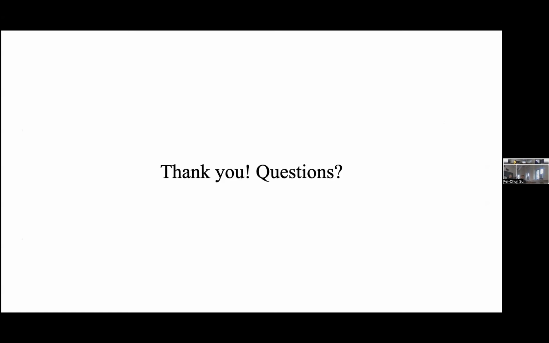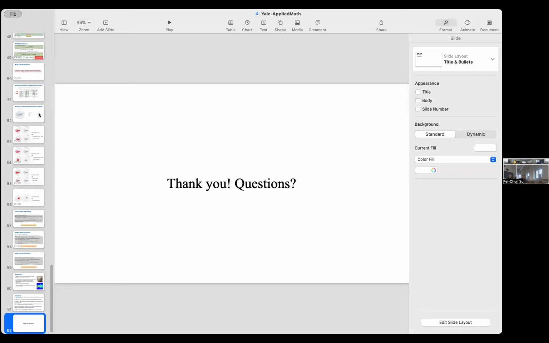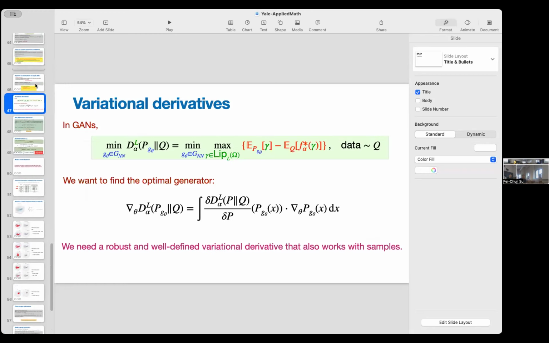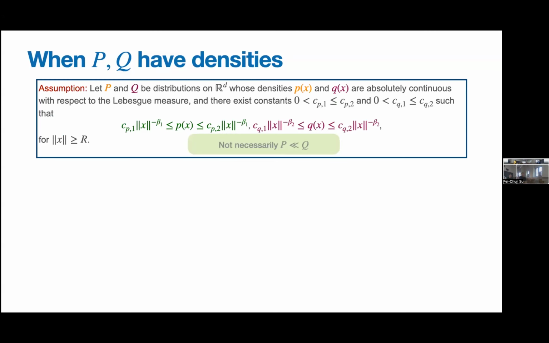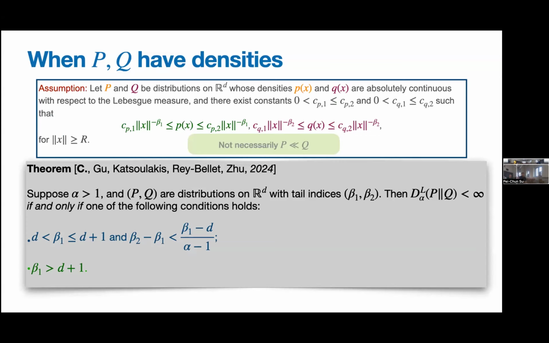There's one slide saying the alpha Lipschitz divergence has conditions on beta 1 and beta 2. Can you explain the intuition behind these two conditions? Okay, the first condition is very intuitive, because if you forget about Lipschitz and only consider alpha divergence, alpha divergence can be written as some f-divergence in its primal form.